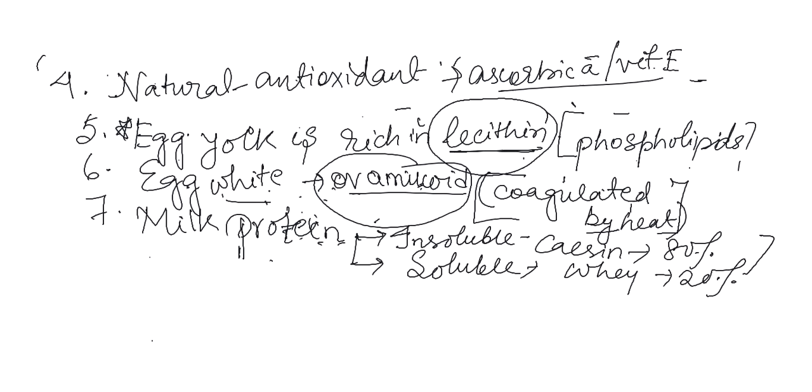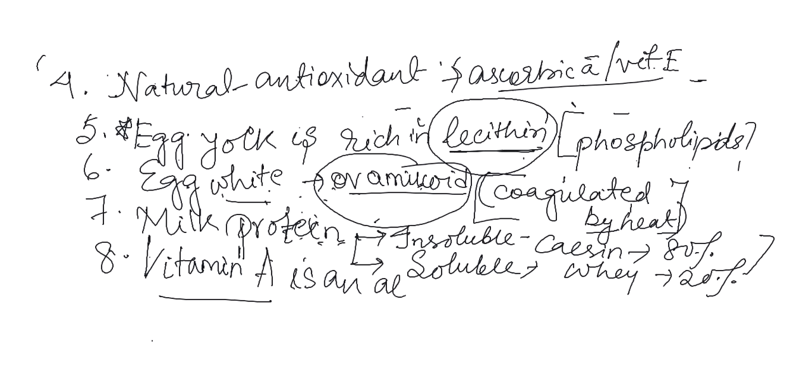Okay, then eighth one. Eighth question we will be coming with, that is about the vitamins. We are aware of the vitamins. So carry on, just study about the structures of the vitamins. Vitamin A is an alcohol. It has come after the name of the term retinol, right?